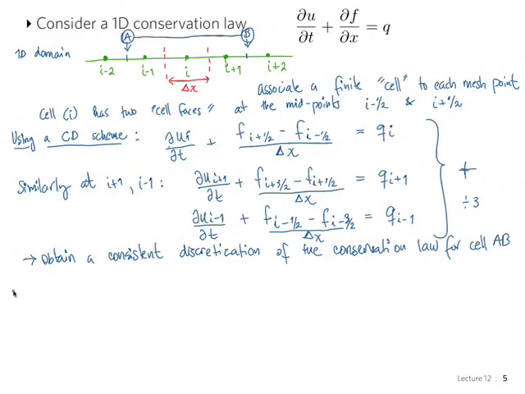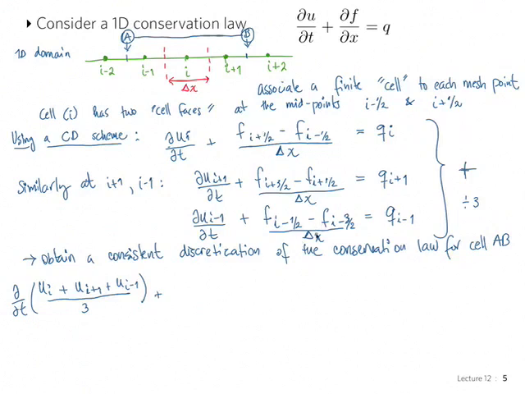So d/dt, I'm going to add all the terms here that are time derivatives, and I have u_{i+1} plus u_i plus u_{i-1}, all on the left hand side, and divided by 3. Then I'm going to add up these 3 flux terms.